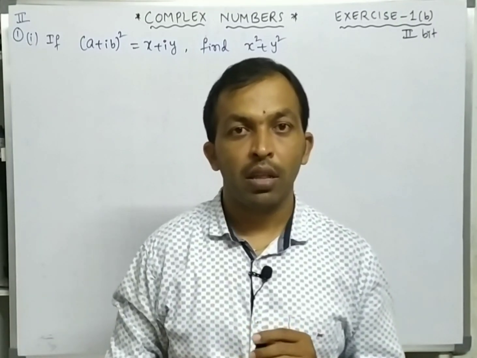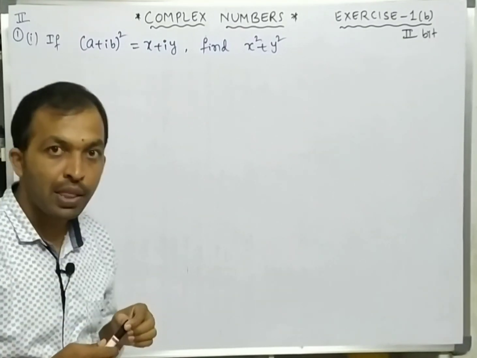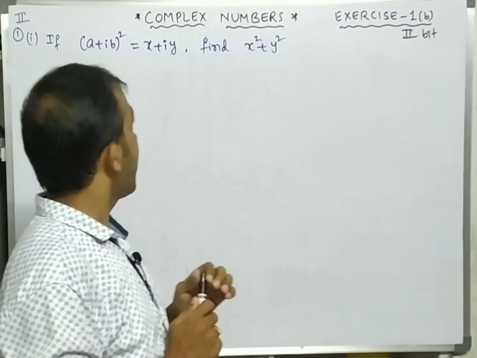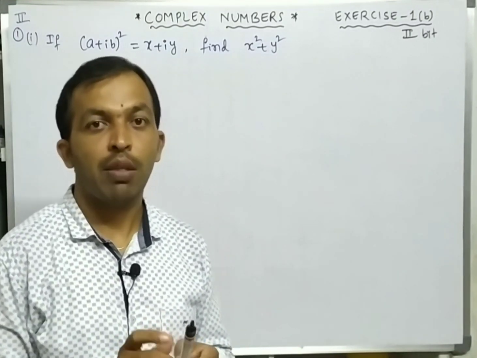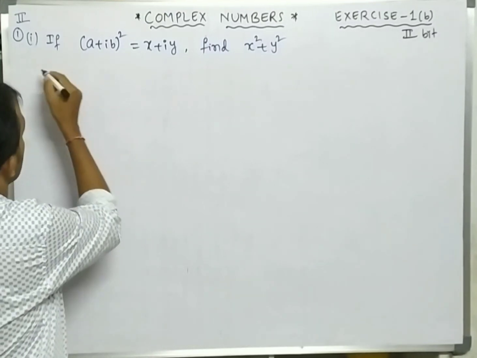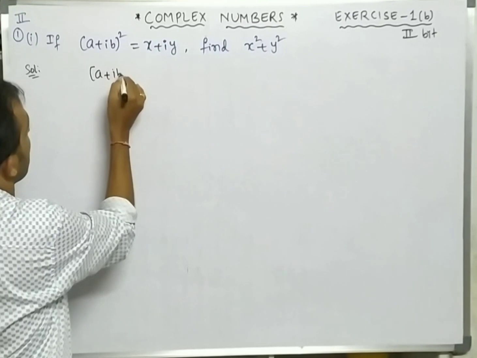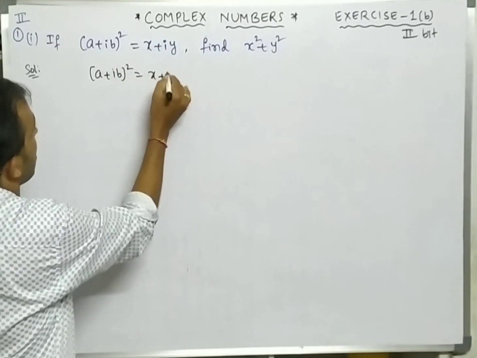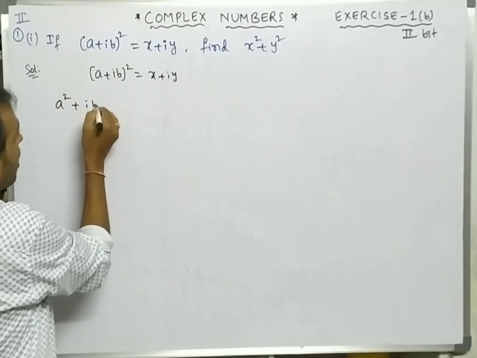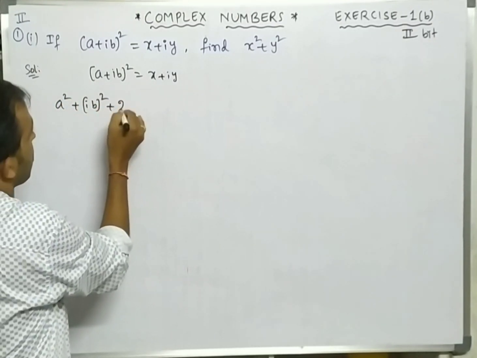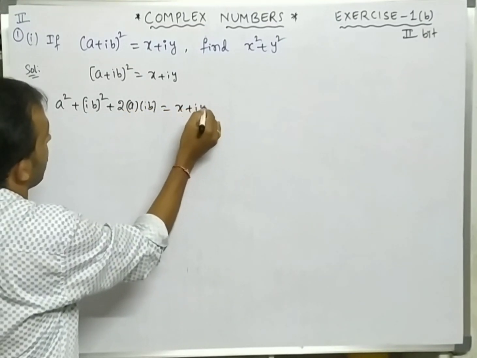So first, in the second bit, first problem: if (a plus ib) whole square is equal to x plus iy, then find the value of x square plus y square. Simple problem. Take (a plus ib) whole square equal to x plus iy and expand: a square plus (ib) whole square plus 2a into ib, equal to x plus iy.